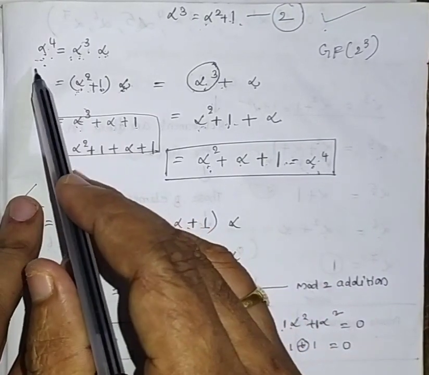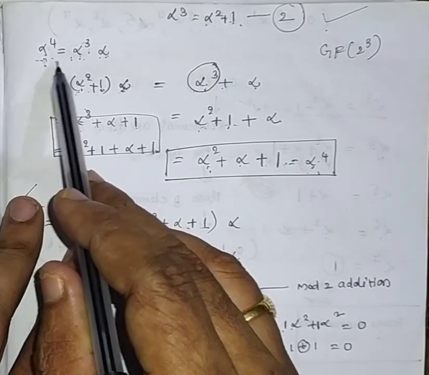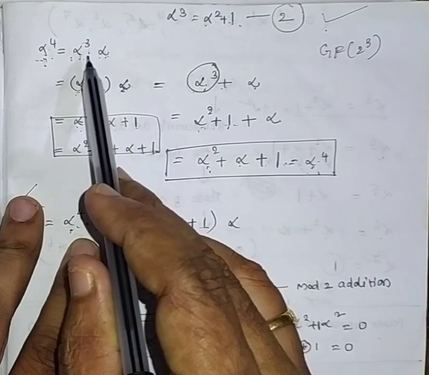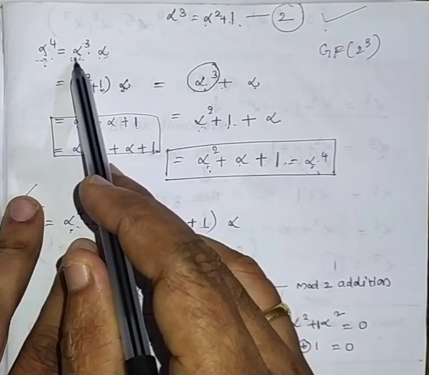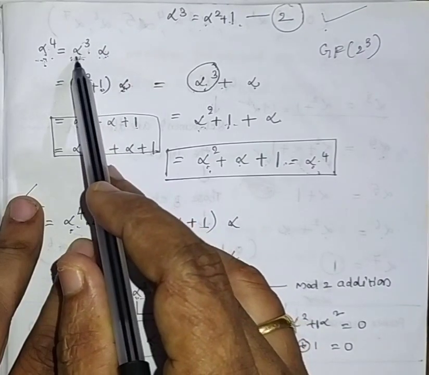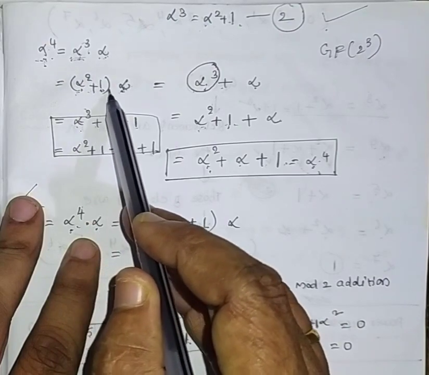So now let us calculate alpha power 4. I can write alpha power 4 is equal to alpha cube into alpha. From equation number 2, I know the value of alpha to the power 3. Let us substitute alpha power 3 as alpha square plus 1.